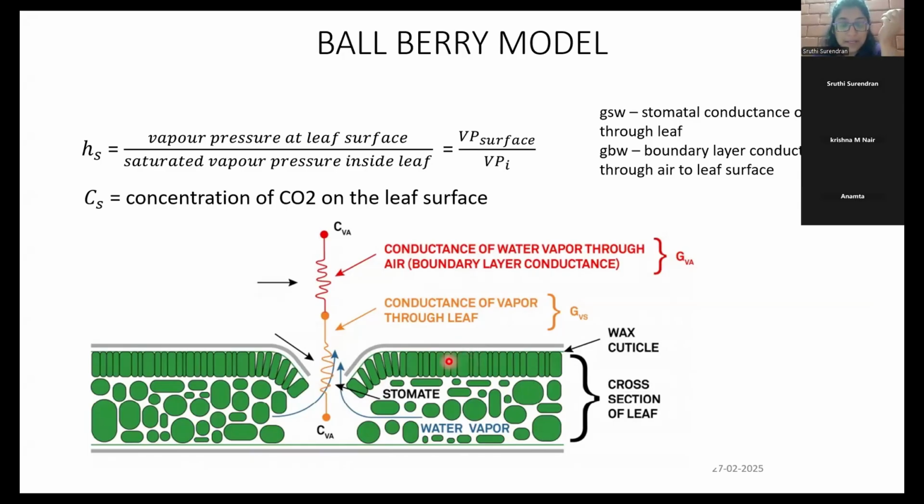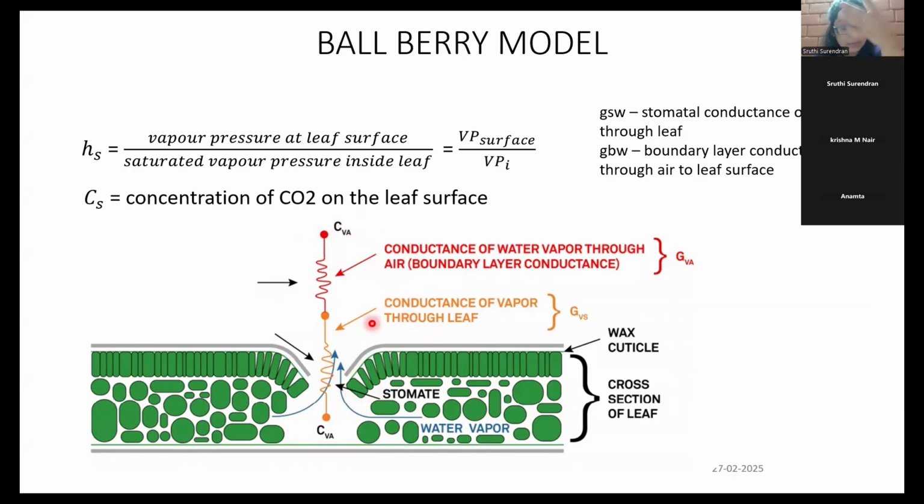So basically, when we have to measure the stomatal conductance, which is the rate at which carbon dioxide and water vapor are entering the stomata, we also have to estimate the conductance or resistance that is offered to this water vapor.